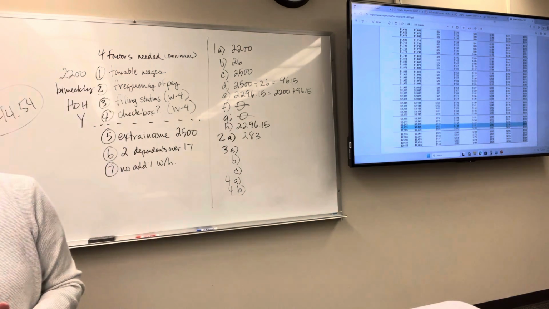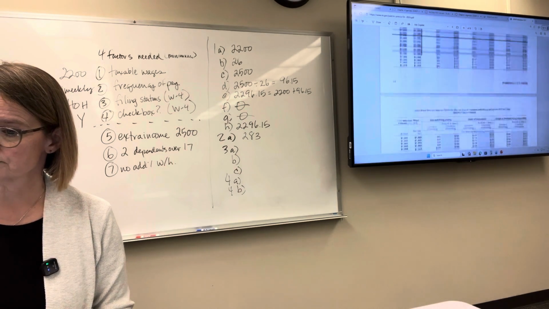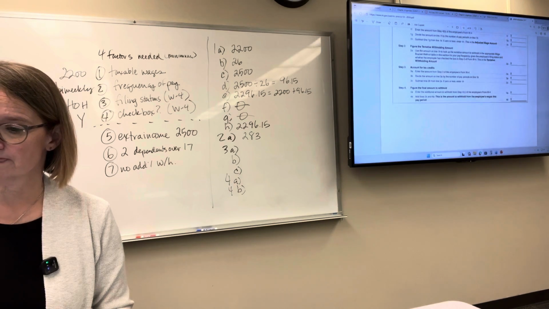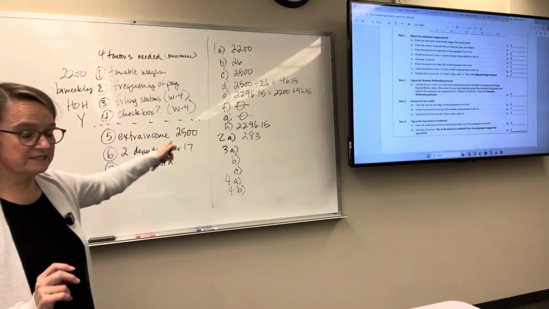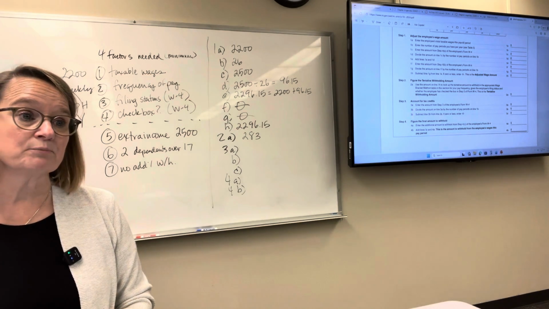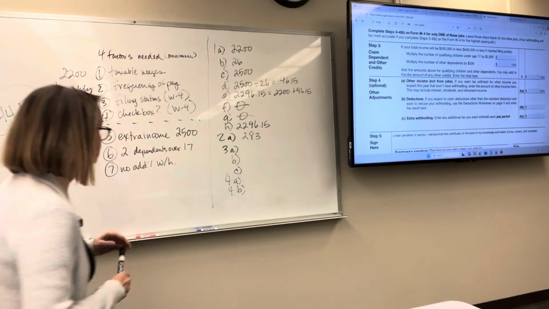But they had some other information entered as well that we have to take into account. Oops. Come back. All right, so step 3A, enter the amount from step 3 of the employee's W4. Step 3 has $1,000.